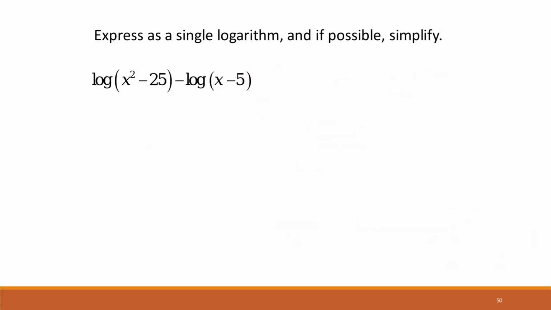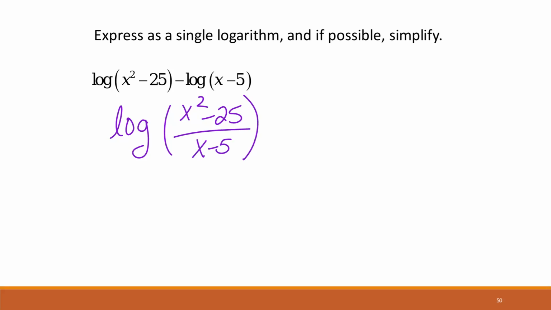Express as a single logarithm, and if possible, simplify. So same thing here, we have the minus here, so this would be log of x squared minus 25 over x minus 5. Well, we know x squared minus 25 can factor.